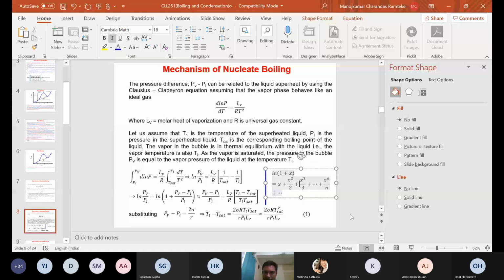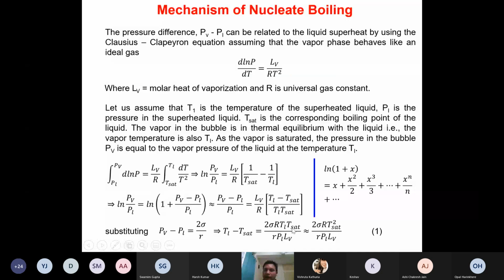So by doing that, what we get is TL minus Tsat is obtained as 2 sigma r TL Tsat divided by r PL and LV, where LV is nothing but the latent heat of vaporization. Okay. So the temperature of the liquid will be slightly higher than the saturation temperature, 5 degrees, 10 degrees, isn't it?